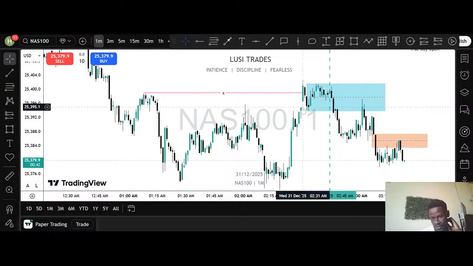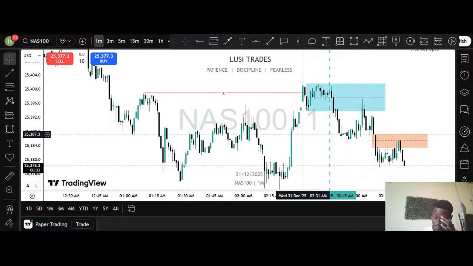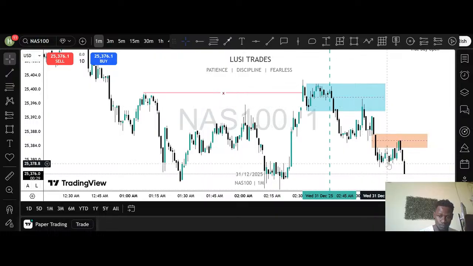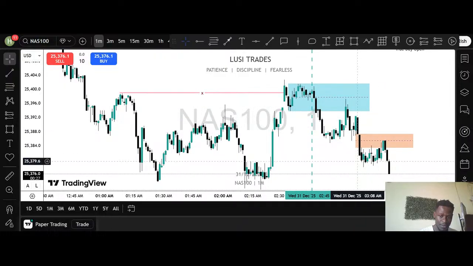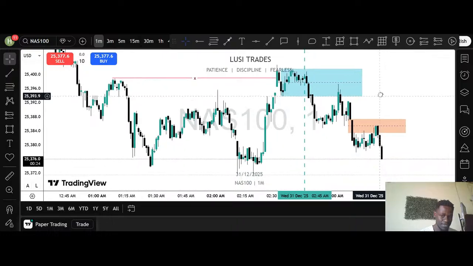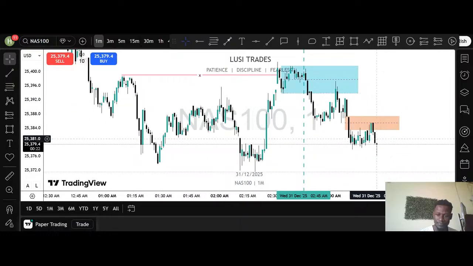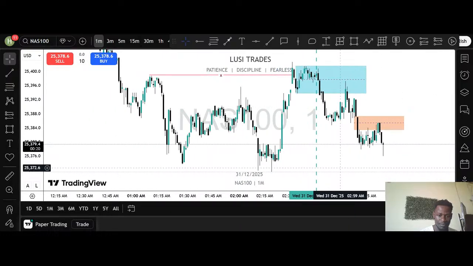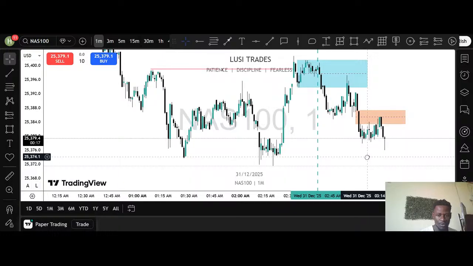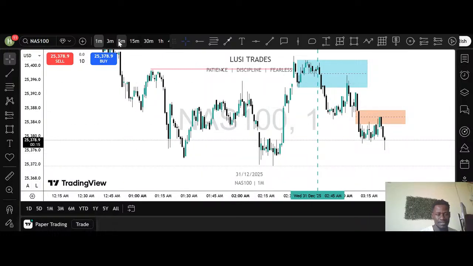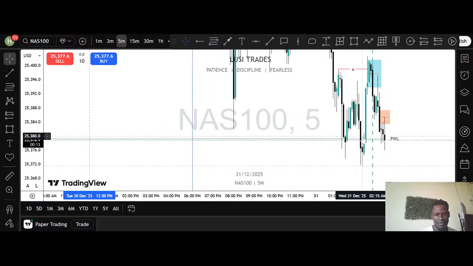So this low, lower high, speed and distance, fair value gap. Then this other one, fair value gap return. So right now it should pump, take out this low, because on the 5 minutes we can see that we've already traded and closed below the lower quadrant of this.